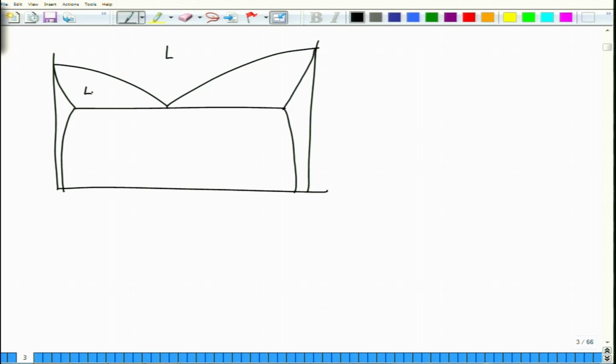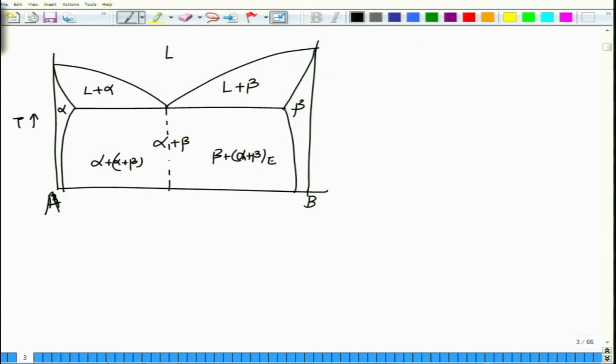So, you have liquid plus alpha, this is liquid plus beta phase, then alpha plus beta for this, and then you have here alpha plus beta, and beta plus alpha plus beta. So, this is eutectic and this is pro-eutectic for these compositions. Okay. Now, let us choose a composition C naught.